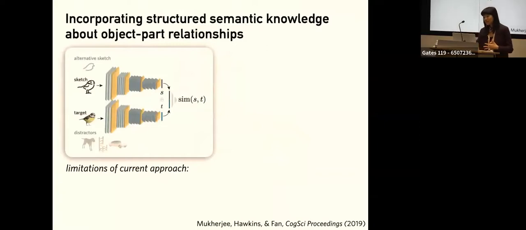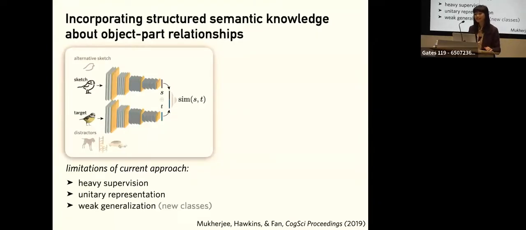Now, the technical approach that we took all the way back in ancient times in 2019 to capture contextual flexibility was limited in a bunch of really important ways, including its reliance on heavy supervision, its inability to capture internal structure within these drawings, also weak out-of-sample generalization.